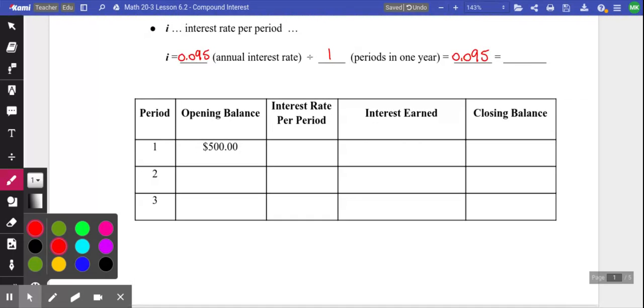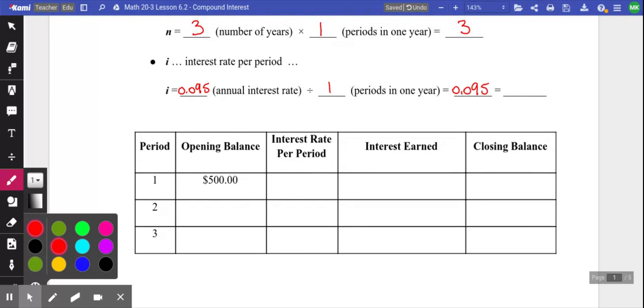We're going to use charts to show us what this looks like. This is my opening balance, 500. In the first period, which is the first year in this question, because every period is 1 year, that's how they're compounding it. The interest rate for that period will be 0.095. This means at the end of the first year, if you multiply 500 by 0.095, that will tell you the amount of interest that you owe after 1 year.